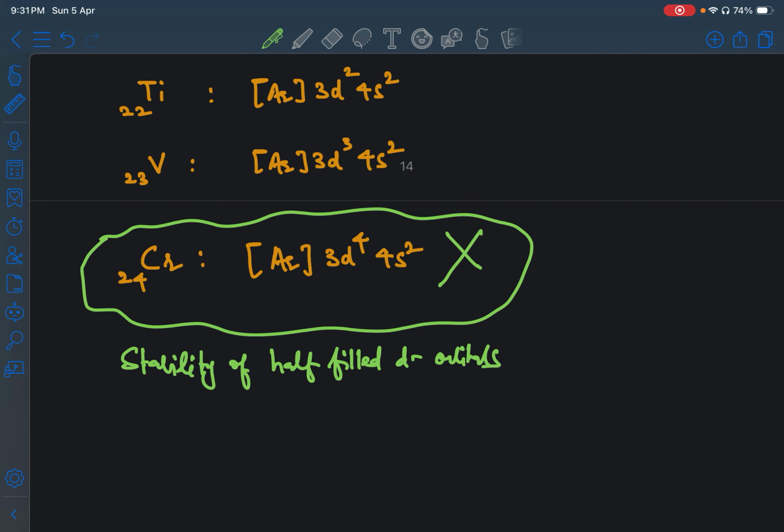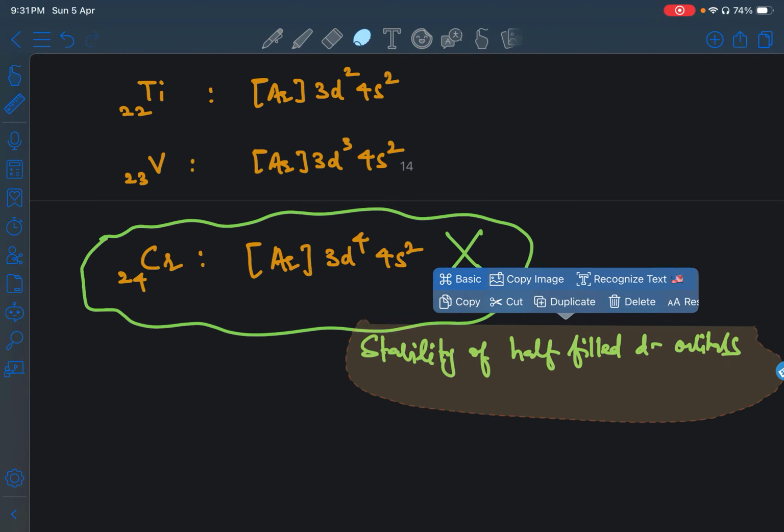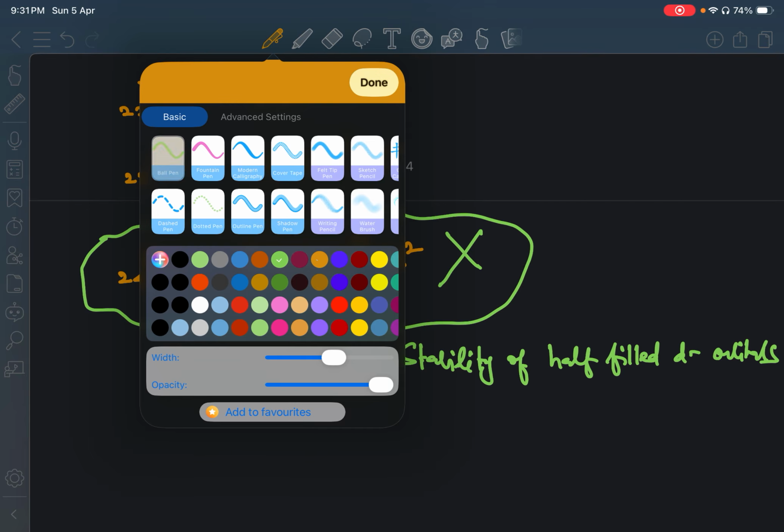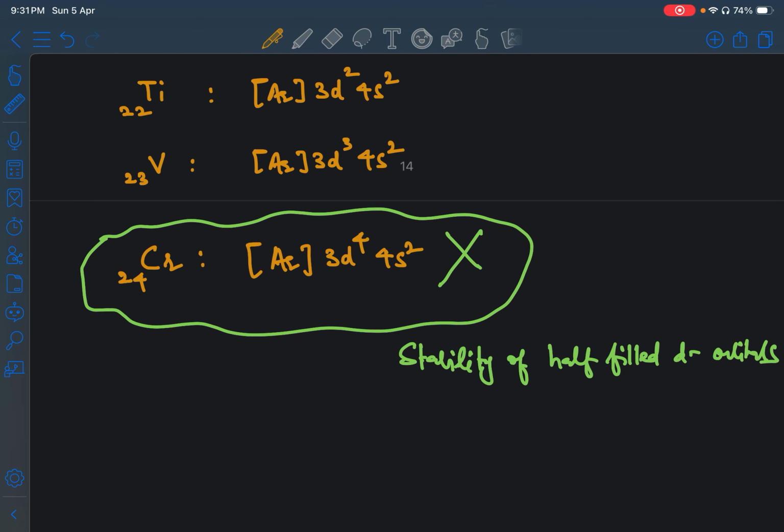I'll explain in the next video what this stability of half-filled and fully filled orbitals means to us, right? So basically, instead of doing this, it fills the electrons in a very different manner. Instead of 3d4, it takes one electron from the 4s.